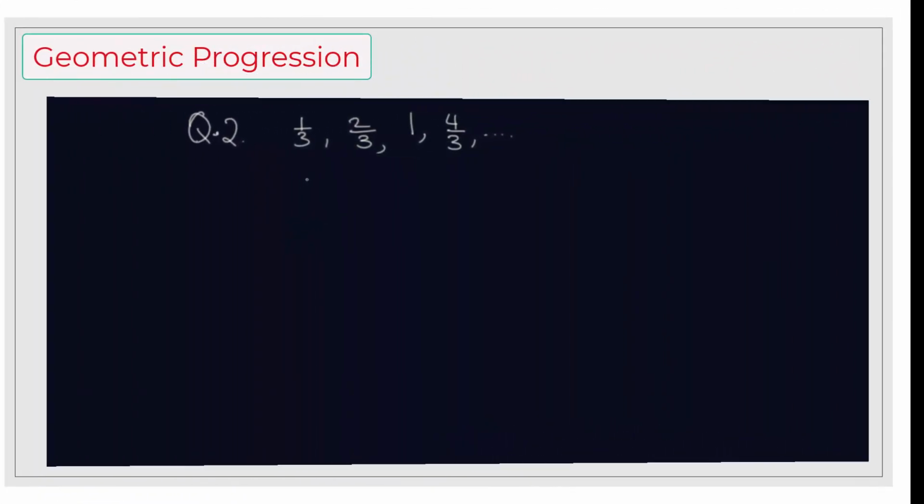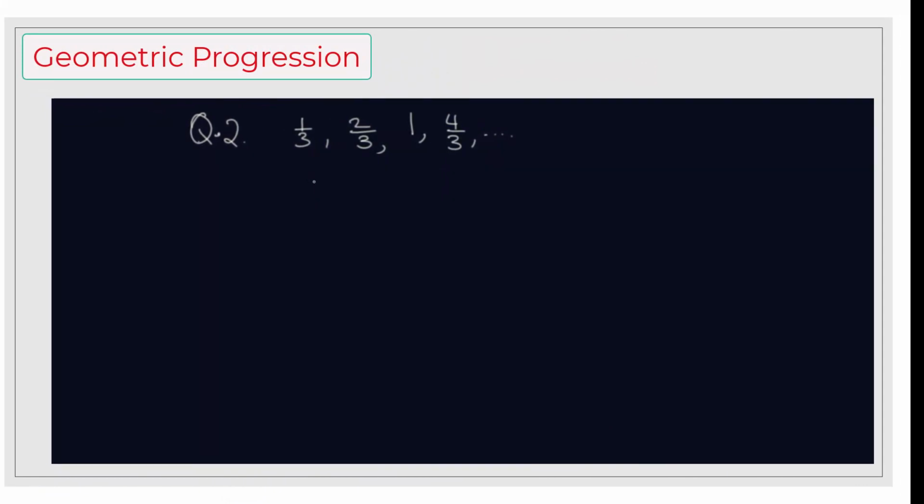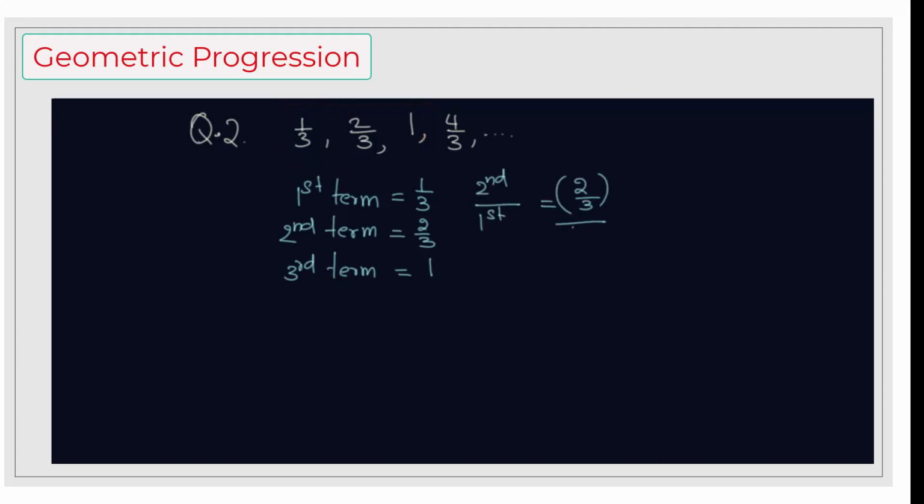Moving on to the second sequence to check if GP or not in the question. We find the first three consecutive terms. We find the first 3 consecutive terms of the given GP. That is given to us. After that, we will find the ratios of second to the first and third to the second.